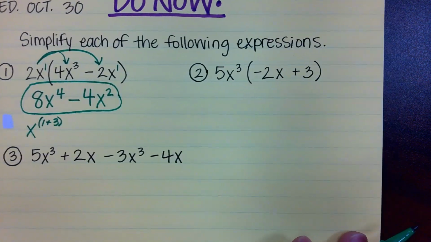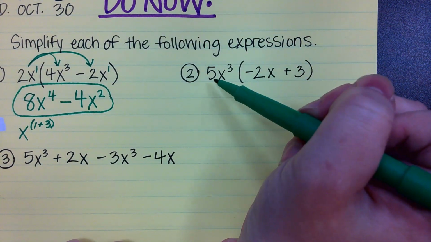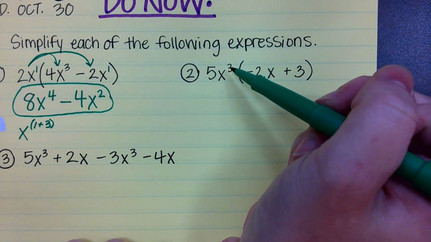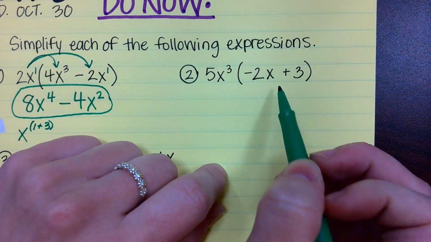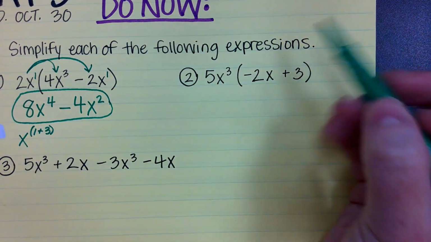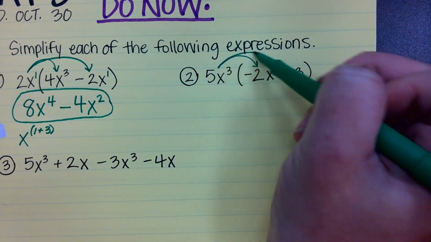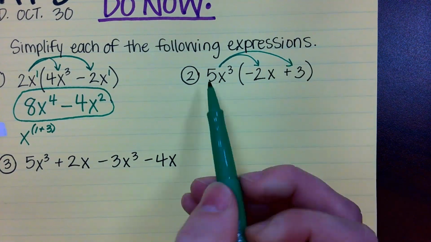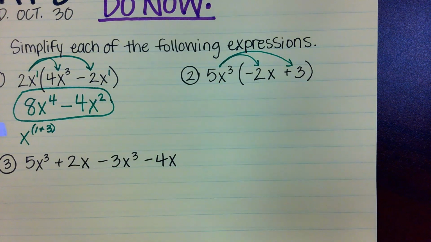All right, let's look at number 2 then. Same kind of problem. I have 5x to the third power times this whole quantity, negative 2x plus 3. So my first step, I always like to draw my arrows. And let's do our first part of this problem.